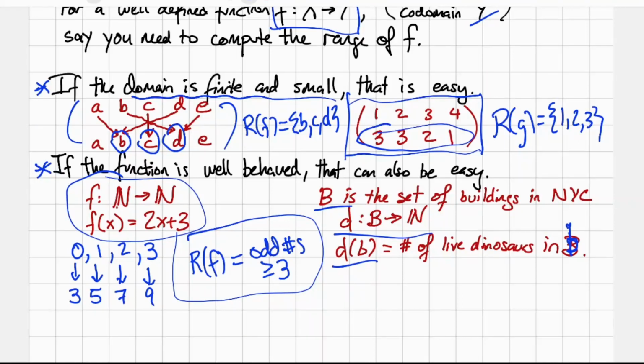Well, how many live dinosaurs are there in the building? Well, no matter what the building is, there are 0 live dinosaurs. And so the range of this function is going to be equal to the set 0, because that's the only possible answer for this function.